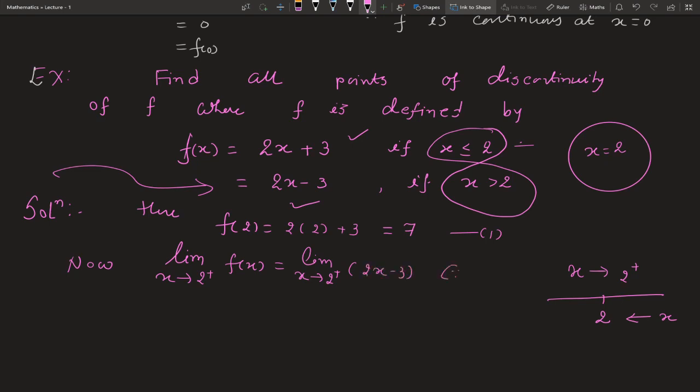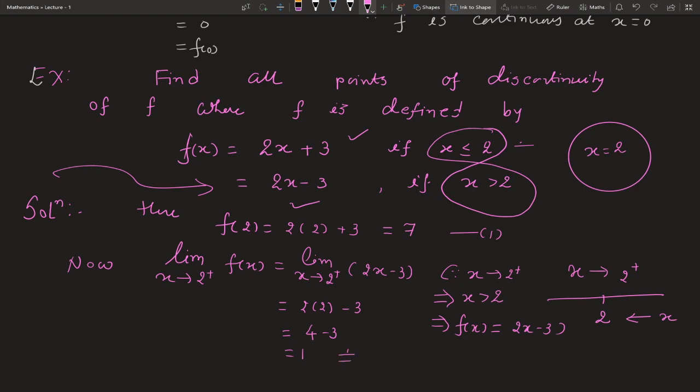We have to give reason. X tends to 2 plus right hand side limit, so x is greater than 2, so value of the function is f of x equal to 2x minus 3. You observe the definition of the function which is defined for x greater than 2. F of x is 2x minus 3. Now put x equal to 2, so 2 into 2 minus 3, this is 4 minus 3, 1.